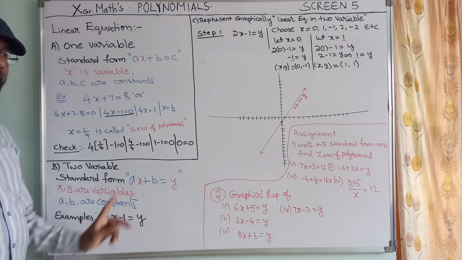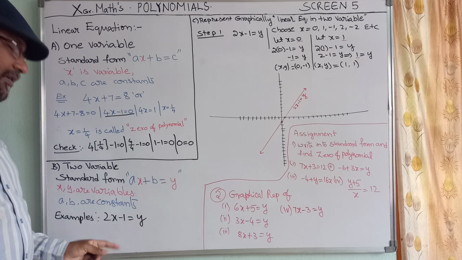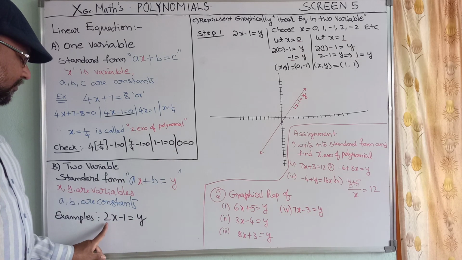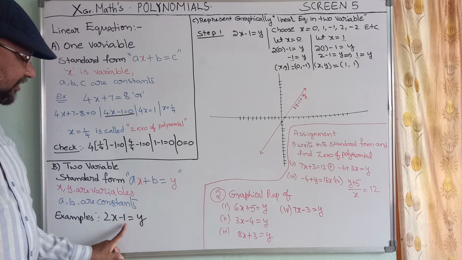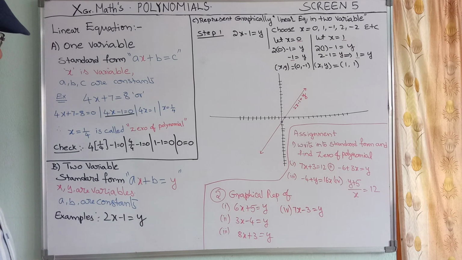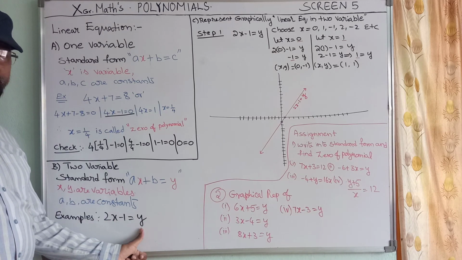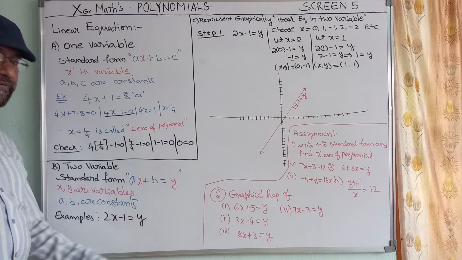But here we are considering only one equation. We have that lesson. First one, 2x minus 1 is equal to y is an example I have given you. Now we cannot find the value of x and we cannot find the value of y with one equation.